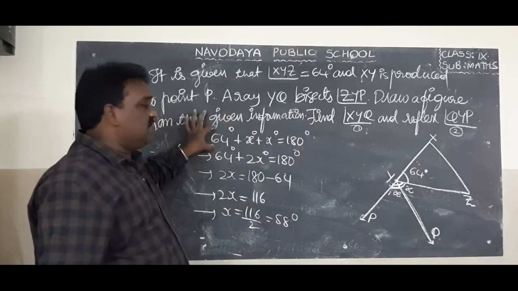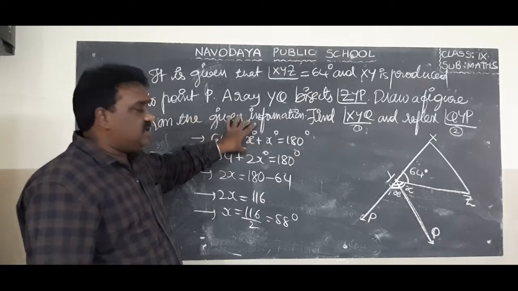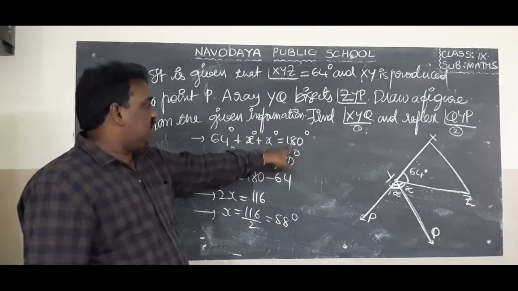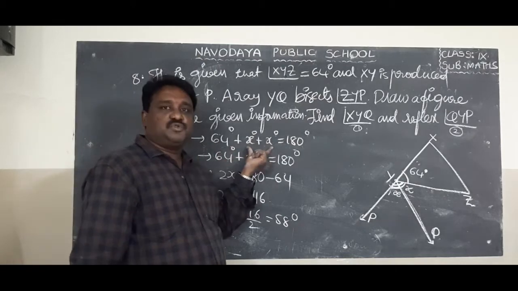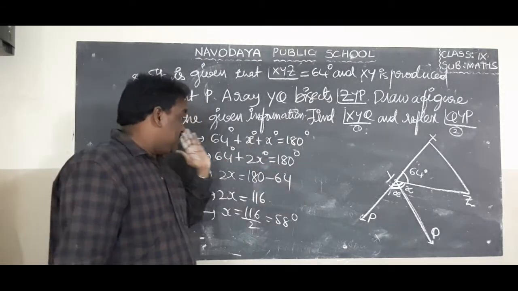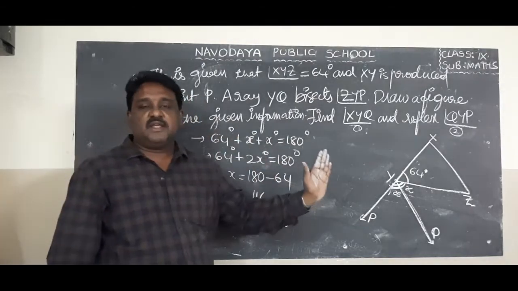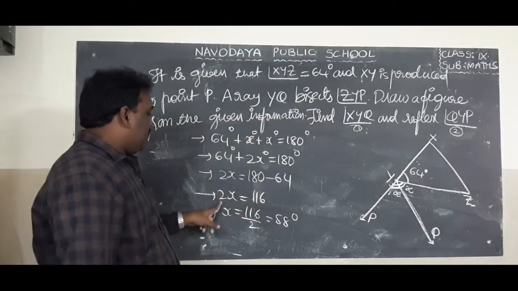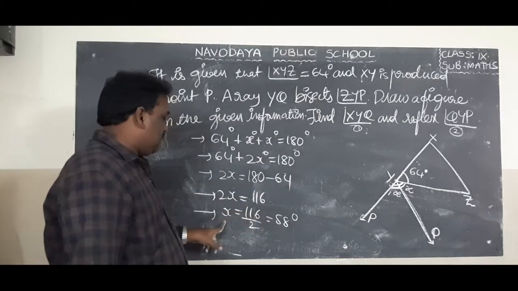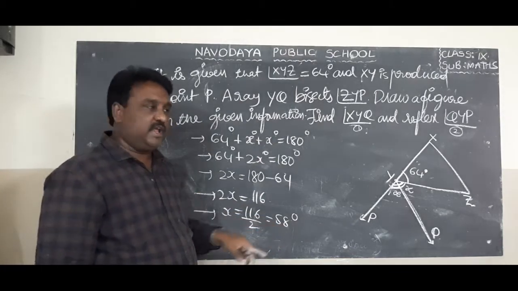So first angle 64, second angle x, third angle x, all together 180. Then 64, x plus x, 2x equal to 180. 64 is moving to the right side, becomes minus 64. Then 2x equal to 116, x equal to 116 by 2, 58.